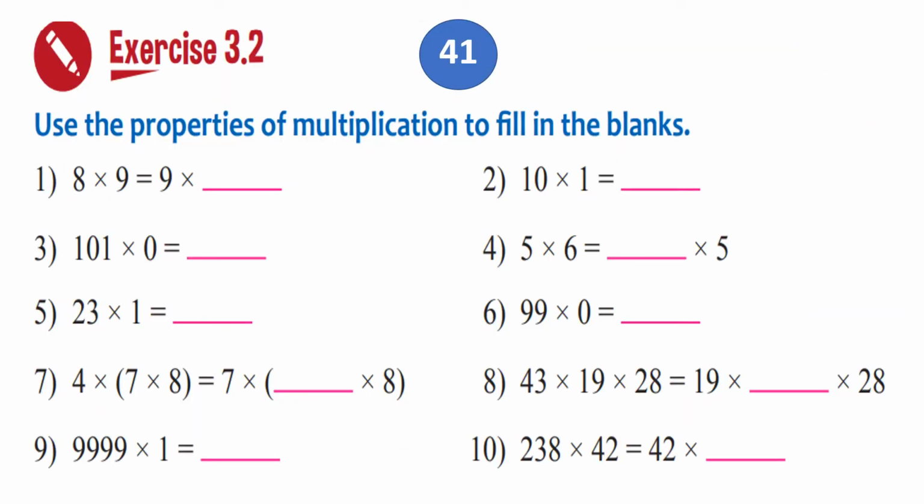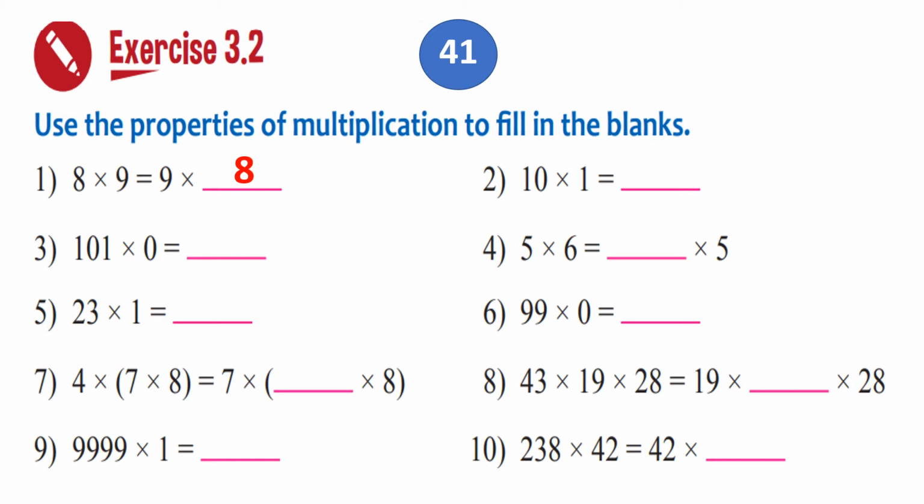Okay, students, let's try to answer exercise 3.2, page 41. We use the properties of multiplication to fill in the blanks. Number 1. 8 times 9 equals 9 times what number? The number here is 8.